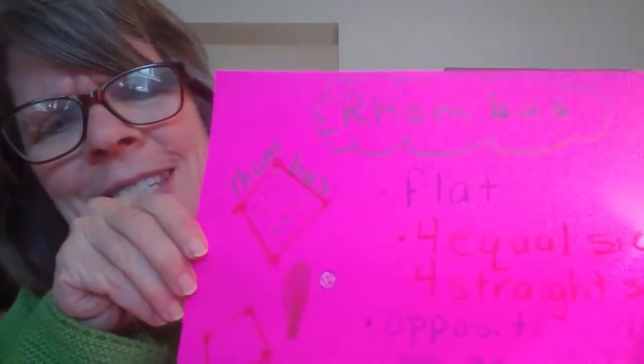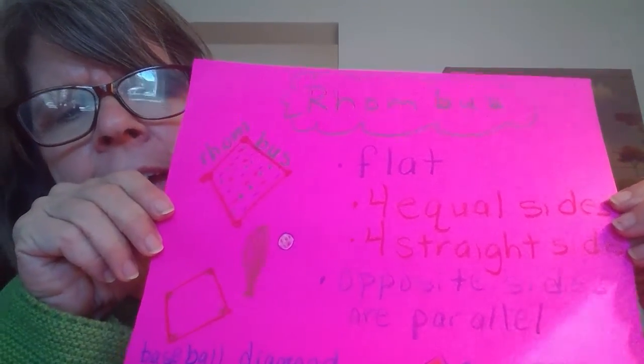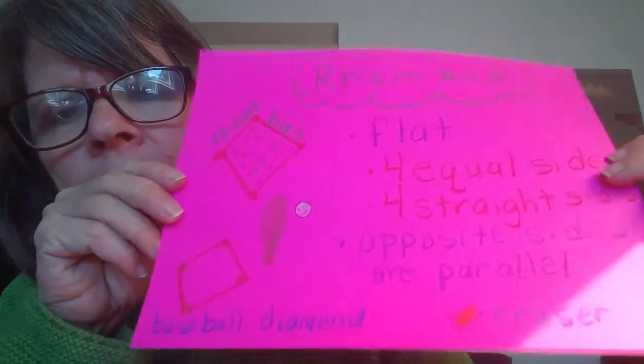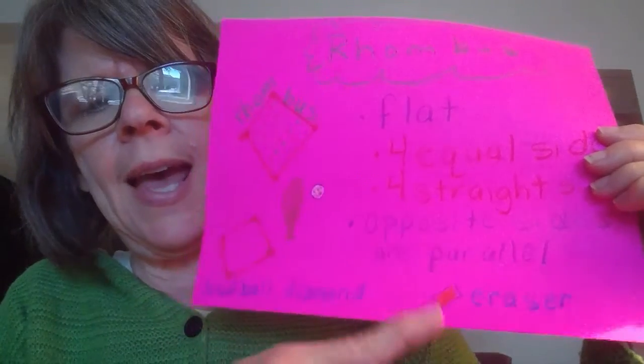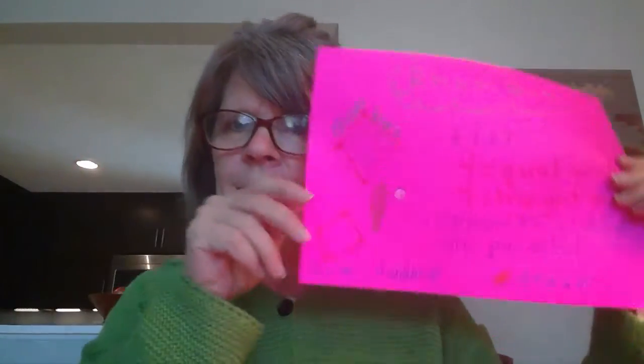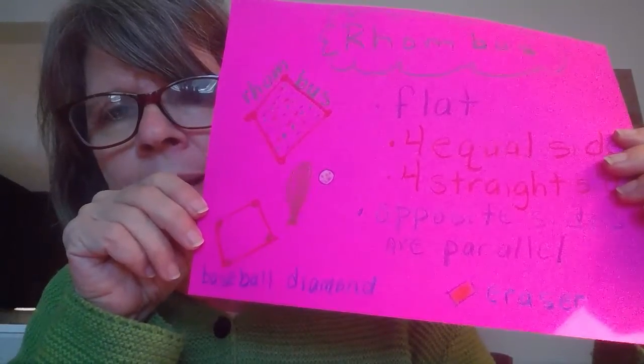Trapezoid, I like that. And here's another cool word, rhombus. Sounds like romper or something like that. Rhombus, flat, four equal and straight sides, and the opposite sides are parallel. So a baseball diamond is a rhombus, and like the little pink erasers that you have, those are called rhombuses. Rhombus. Okay?